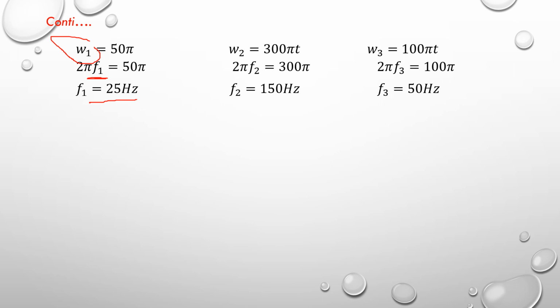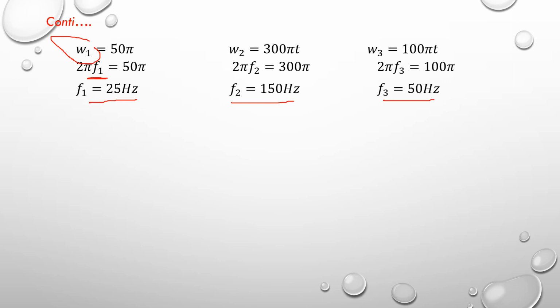Omega 2 is equal to 300 pi, so 2 pi f2 is equal to 300 pi and f2 is equal to 150 hertz. Omega 3 is equal to 100 pi, so 2 pi f3 is equal to 100 pi and f3 is equal to 50 hertz. So we have three frequencies: f1 is equal to 25 hertz, f2 is equal to 150 hertz and f3 is equal to 50 hertz.